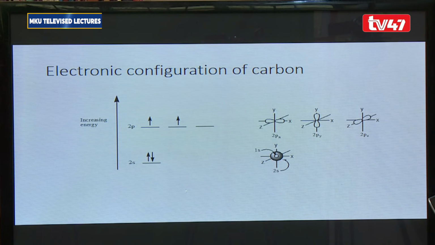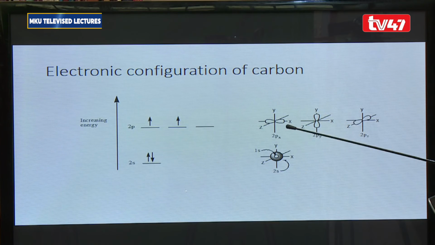In that case, carbon would be divalent, and it would have a lone pair of electrons which can be involved in dative bonding, and again an empty orbital which can accept a lone pair of electrons for dative bonding. So it would only be tetravalent if it involved dative bonding.